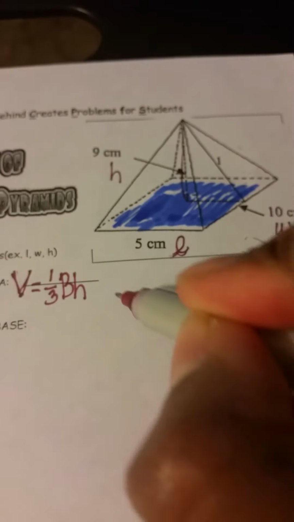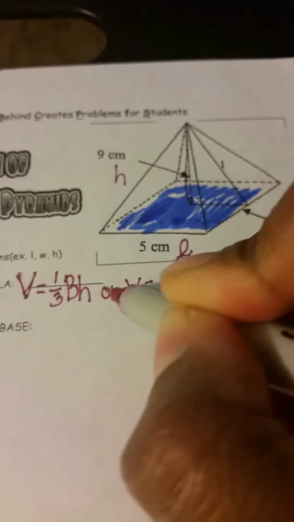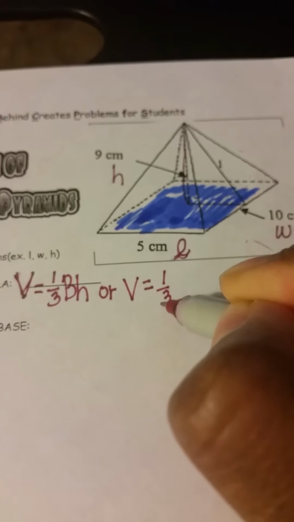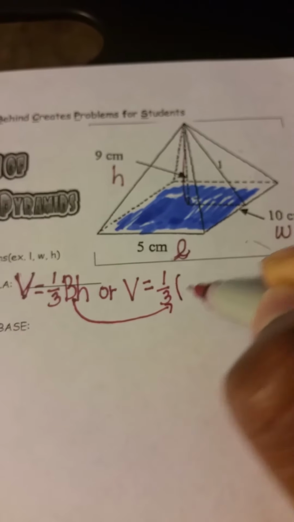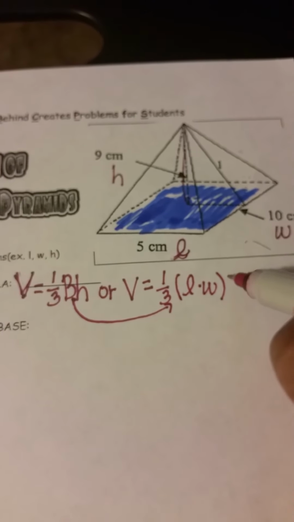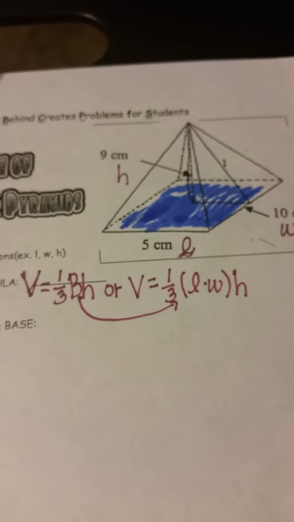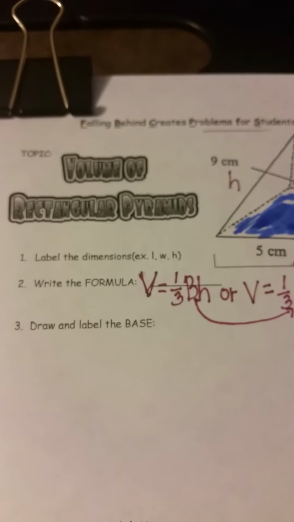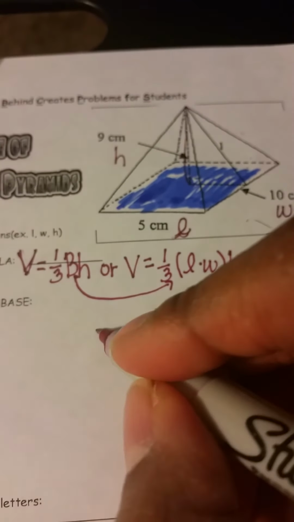Now I'm going to again break down what big B is, which would be length times width, and then times the height of the entire figure.